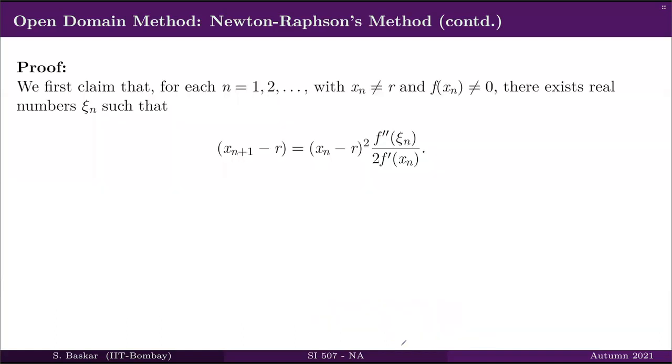As I told, the underlying idea of the proof is more or less the same as we did in the secant method. A good thing is that in Newton-Raphson method, the proof is much simpler than the secant method.